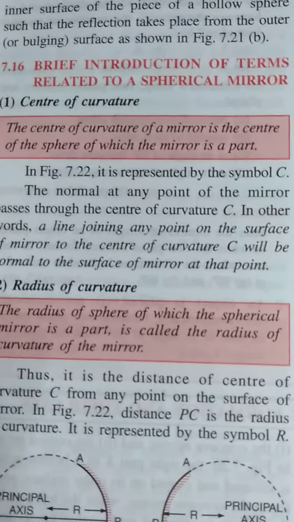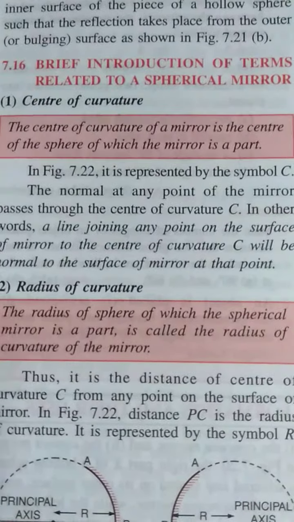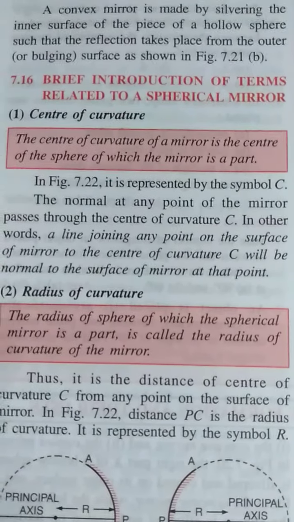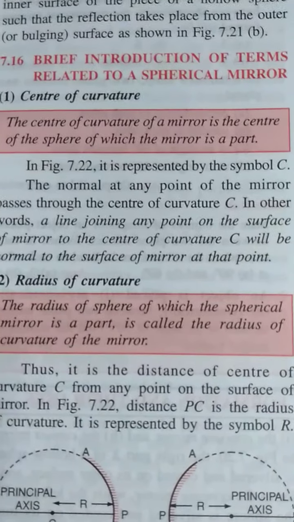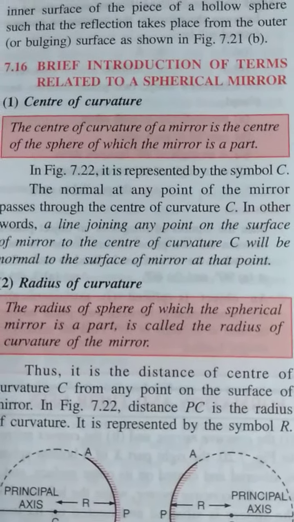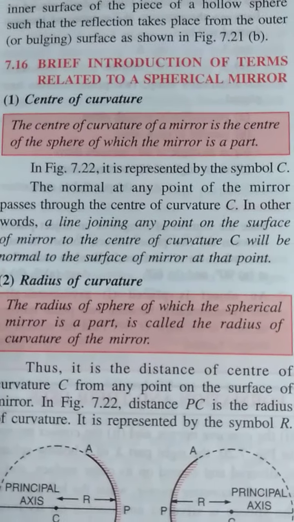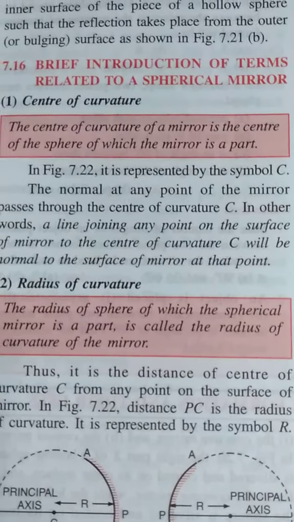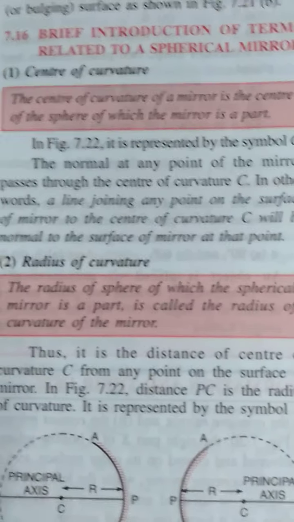Now some terms. Center of curvature. As we have just discussed, a mirror is made from a sphere. So the center of curvature of the mirror is the center of the sphere of which the mirror is a part. The center of the sphere of which the mirror is a part is called the center of curvature of the mirror.